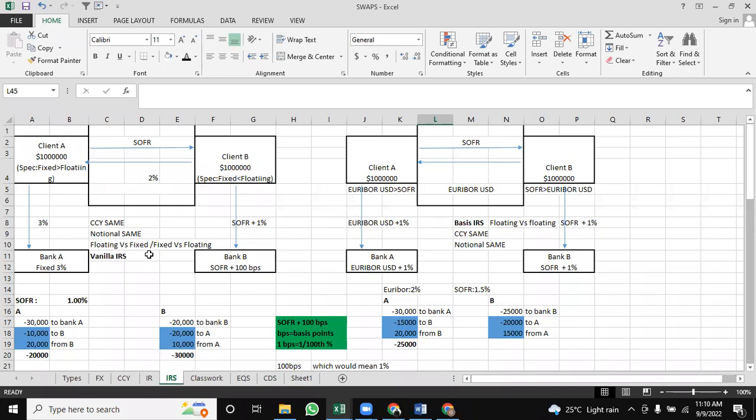Are we clear till here? In the interest rate swap agreement with the swaps bank, how much will I receive? Apply a little bit of logic, folks. Common sense is required here.